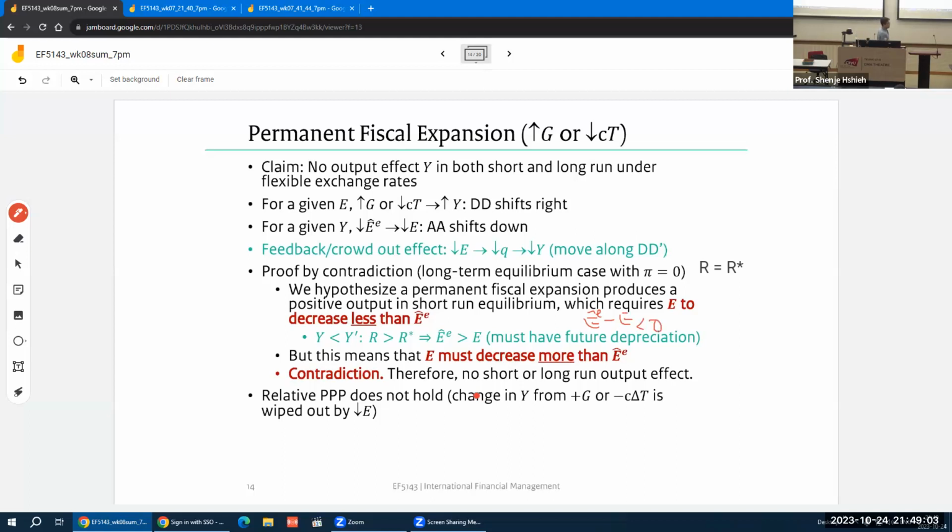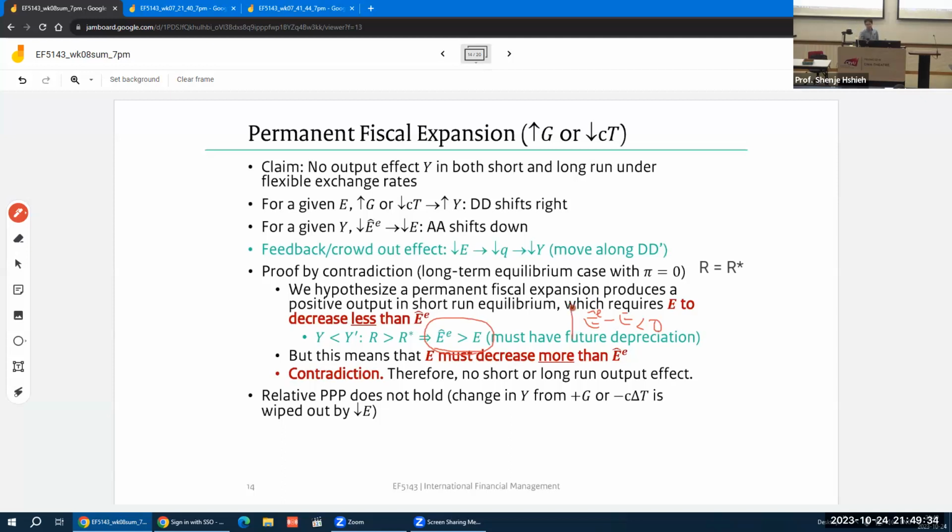But based on our short run model that we worked with up to week 5, we know that as output increases, the liquidity preference curve shifts outward, which means that interest rates must be higher, which means that investors will want to conduct carry trade unless there is an offsetting depreciation of the home currency that wipes out the interest rate differential, right? In other words, E hat E must be greater than E, or the gap between E hat E and E is going to be positive.